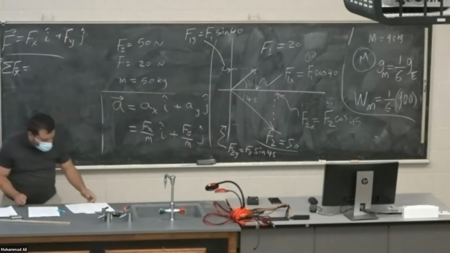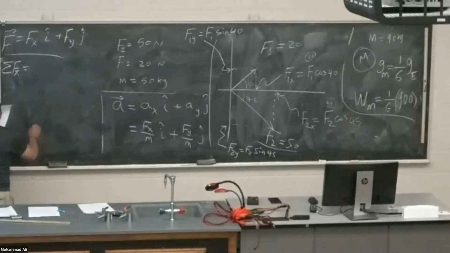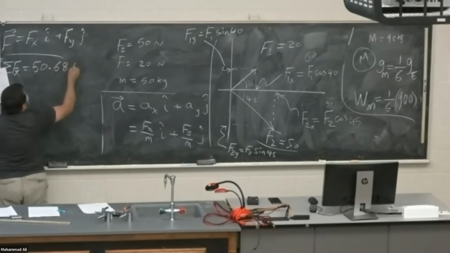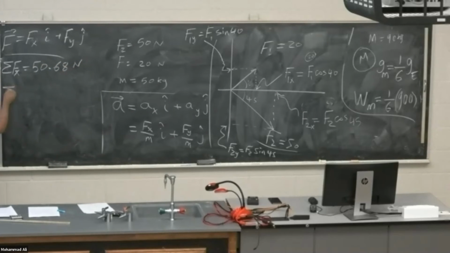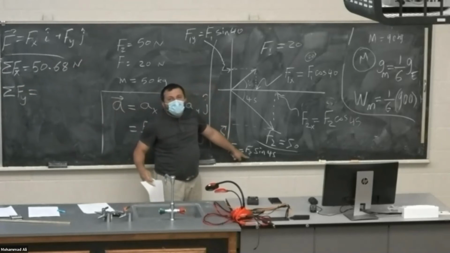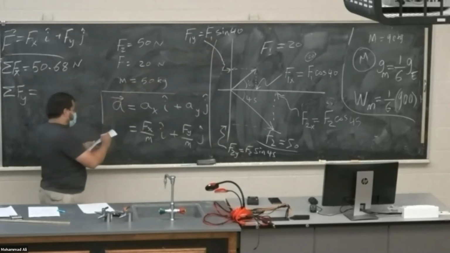This will be equal to 50.68 newtons. And the forces in the y direction, one of them downward, which is F2 sine 45, one of them is F1 sine in the positive direction.